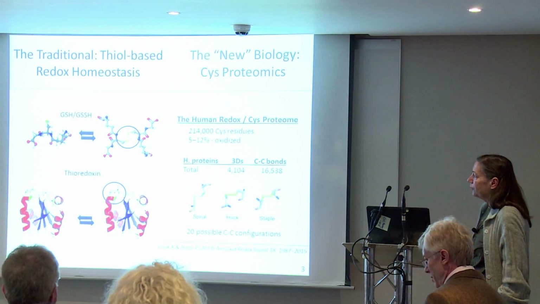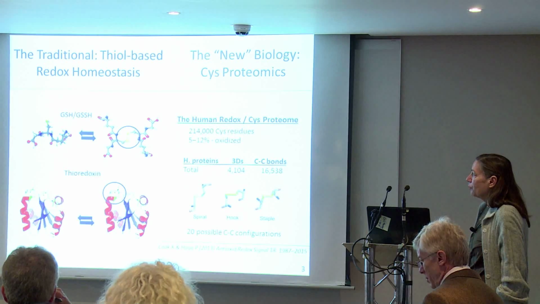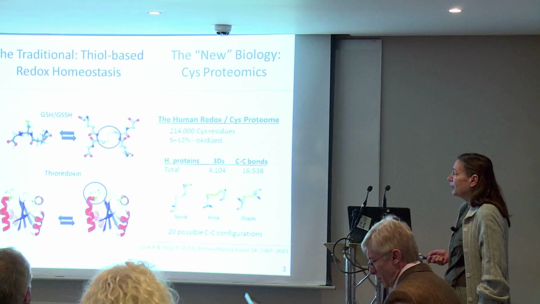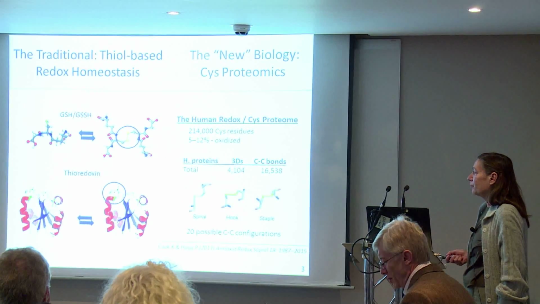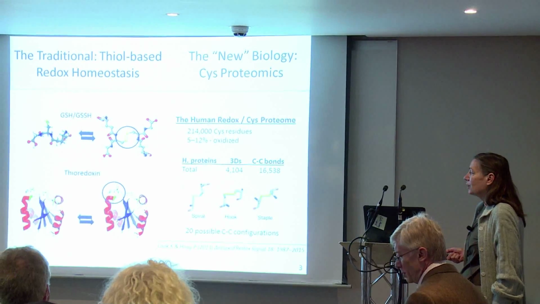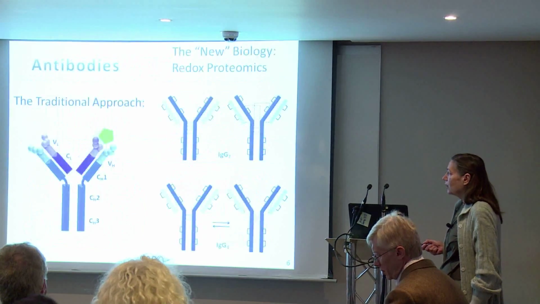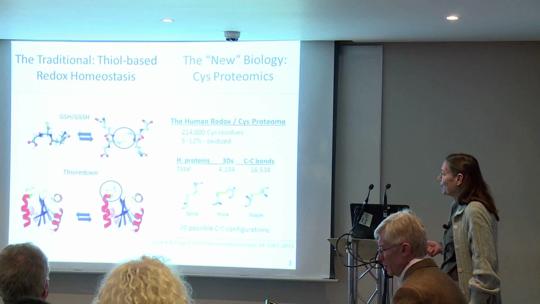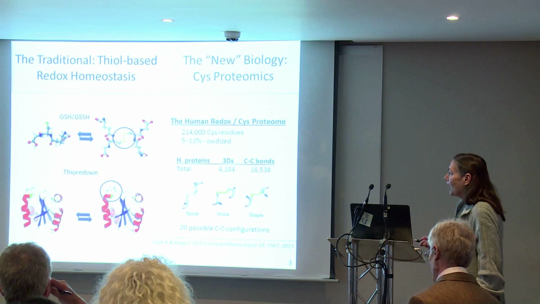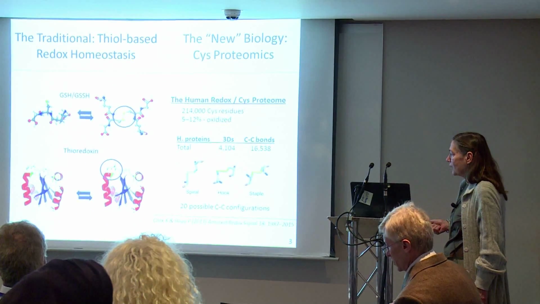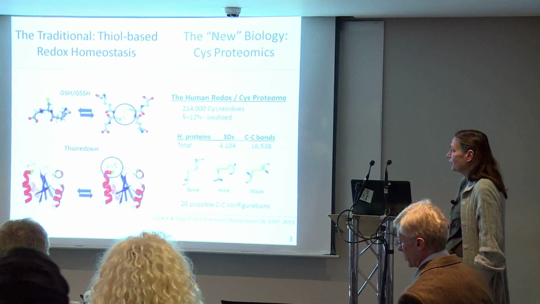In terms of thiol-based redox homeostasis, in the past we studied a few compounds such as glutathione and thioredoxin with reversible conversion of disulfide bonds in such kinds of compounds.